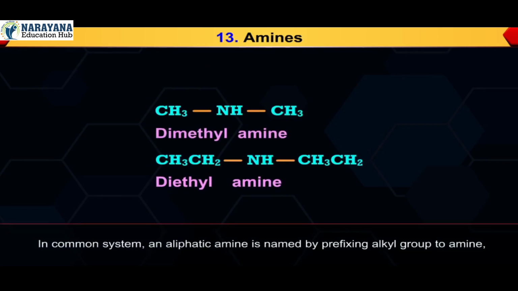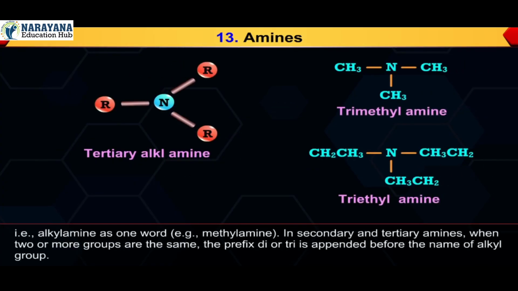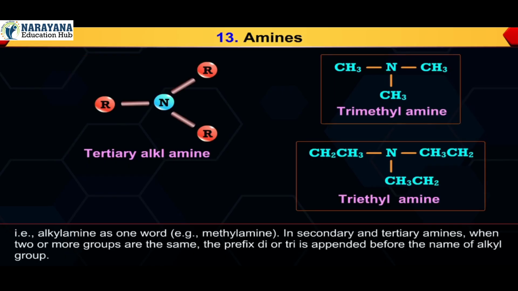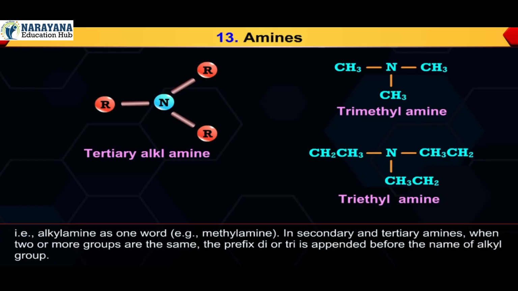3. Nomenclature. In common system, an aliphatic amine is named by prefixing alkyl group to amine, that is, alkylamine as one word, for example, methylamine. In secondary and tertiary amines, when two or more groups are the same, the prefix di or tri is appended before the name of alkyl group.